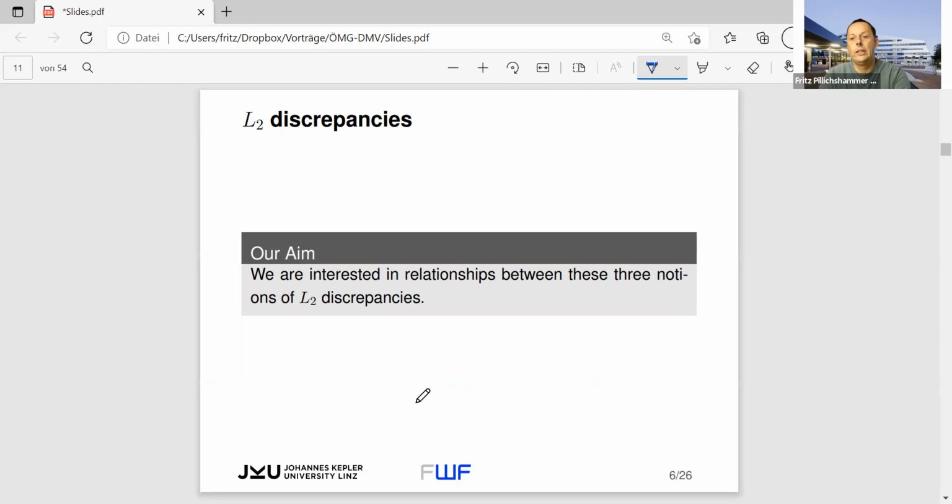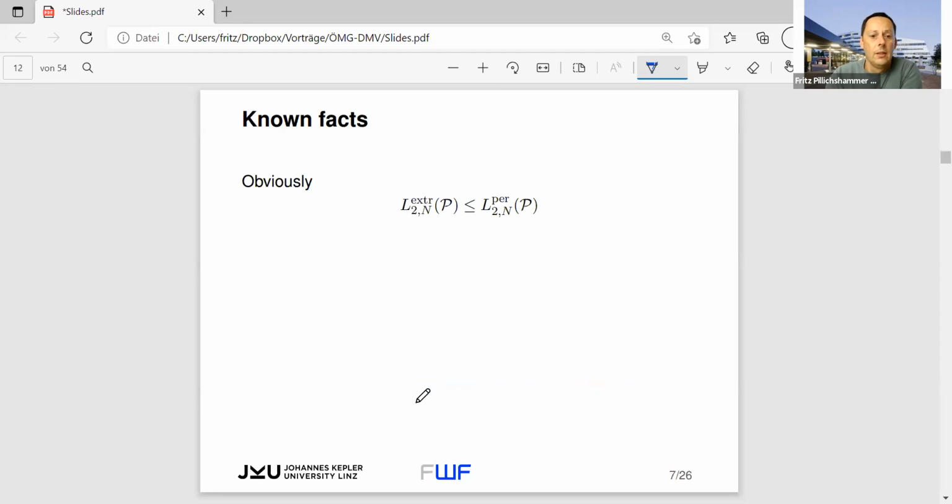Some relations are well known, some are even obvious, and I want to summarize these known facts in the next few slides. First of all, it's obvious that the L2 extreme discrepancy is always dominated by the L2 periodic discrepancy.